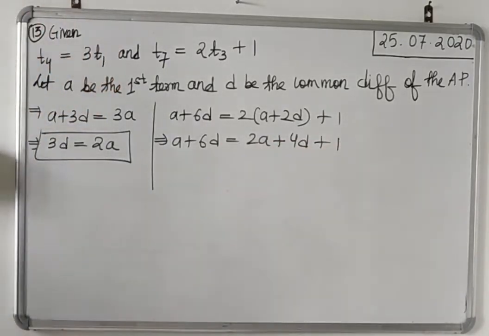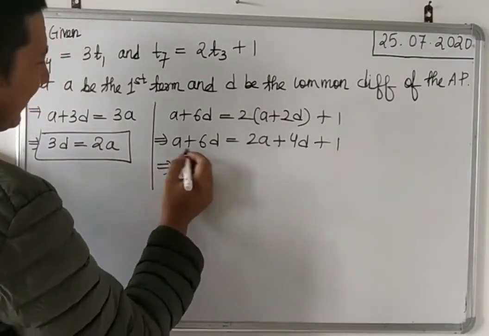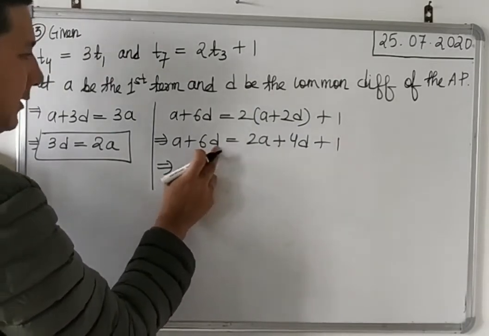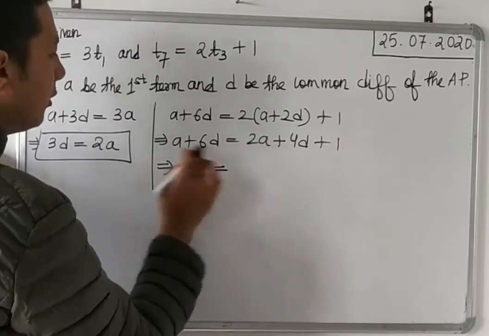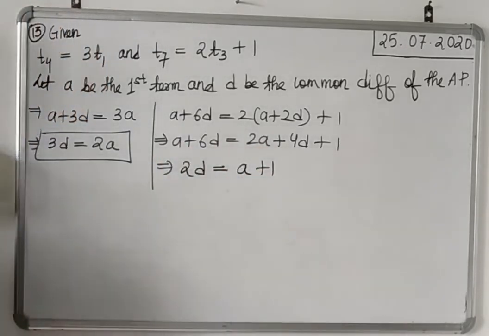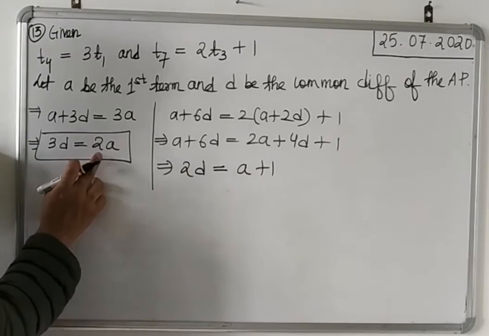Let us simplify it more. I can take this side and bring it to the other side. So 6D minus 4D is 2D, which is equal to 2A minus A, which is A, plus 1. So these two equations I'm getting here, and from here you can find the value for A, and you can also put the value for A from here.